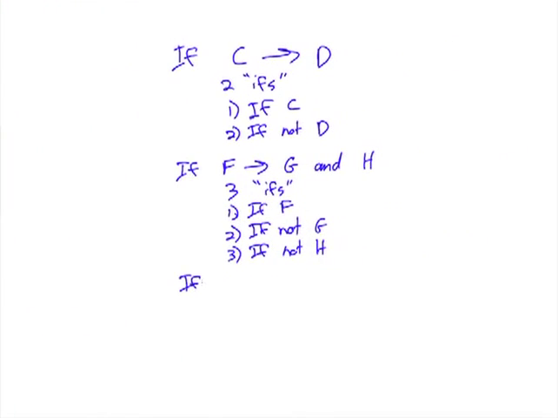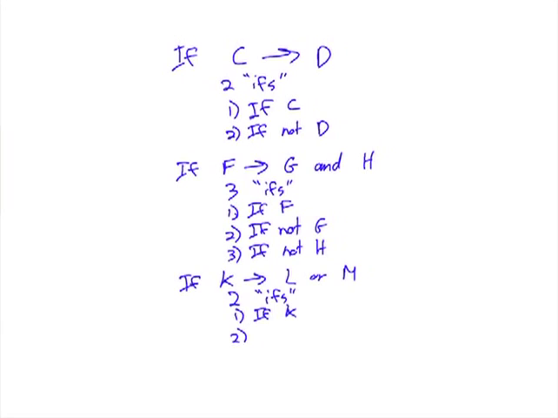The third example will be if K, then L or M. In this case, we have 2 ifs. Number 1, if K. Once again, if K, then I have L or M, or both. That doesn't exclude the possibility of both.